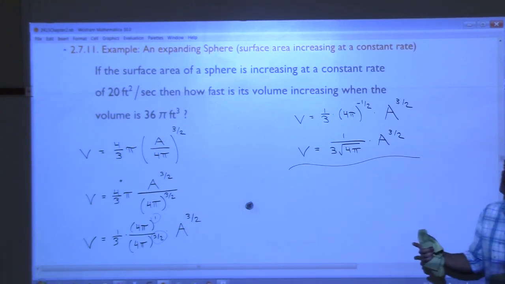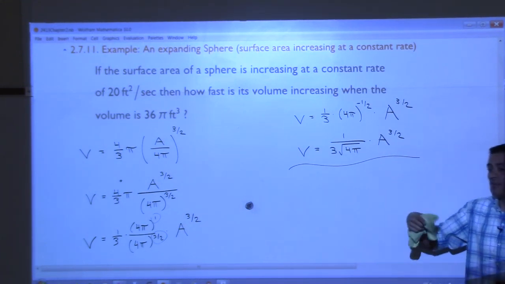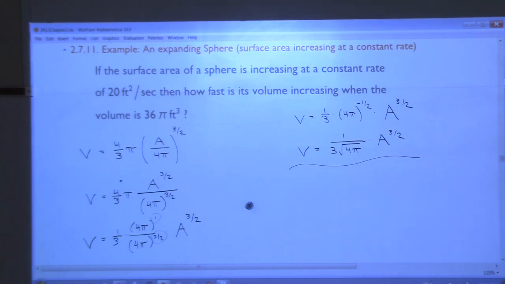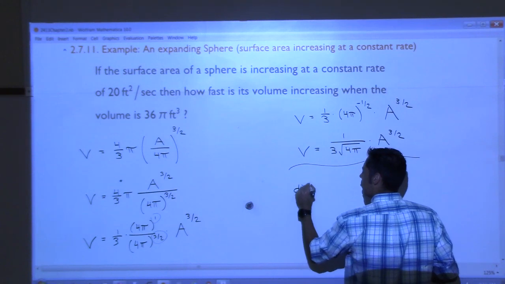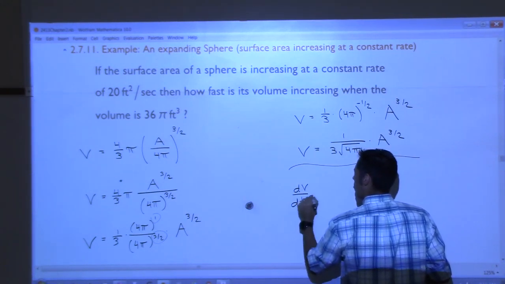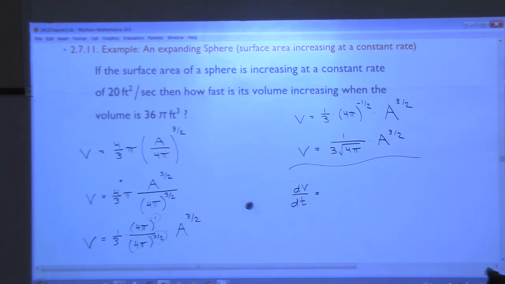Actually, I was given dA/dt and I want dV/dt, so everything's differentiated with respect to time. So let's go ahead and do this. Derivative of the left side, dV/dt, right?